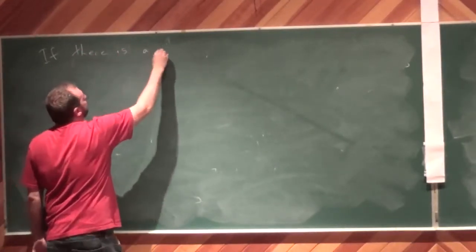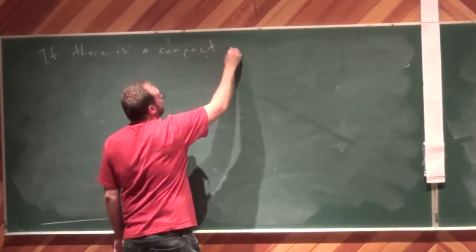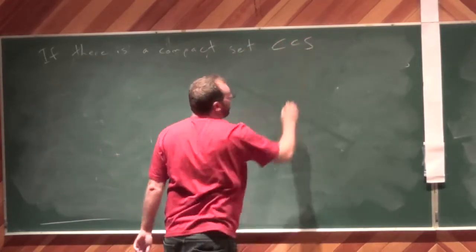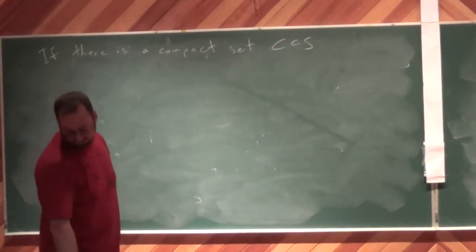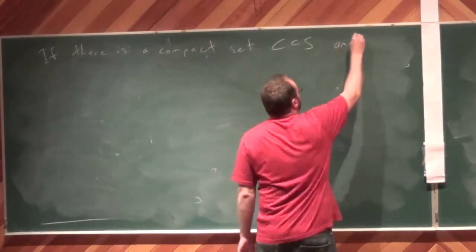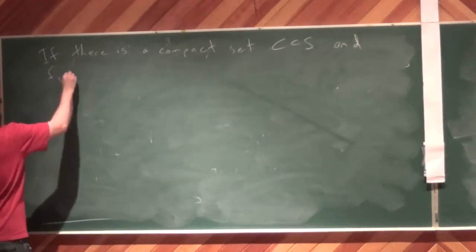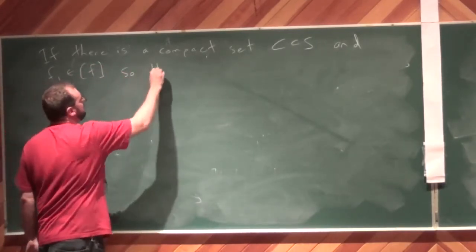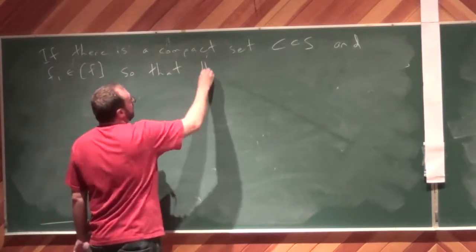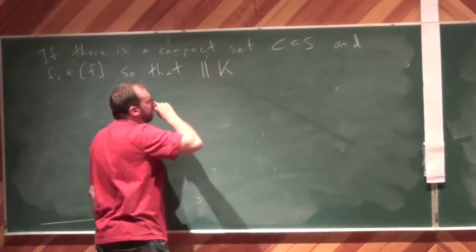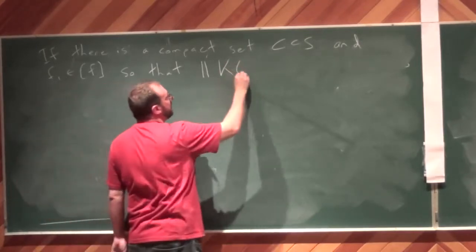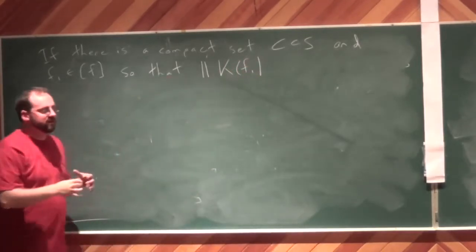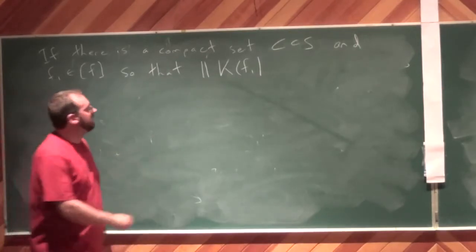Okay, so then if there is a compact set C contained in our surface and a QC map F1 contained in our Teichmüller equivalence class, so that, well, we want to look at the distortion of our mapping F1, but off this compact set, so away towards the ends.